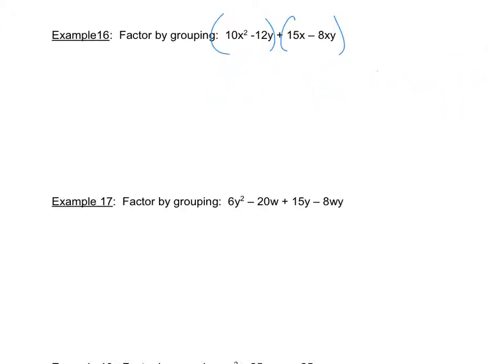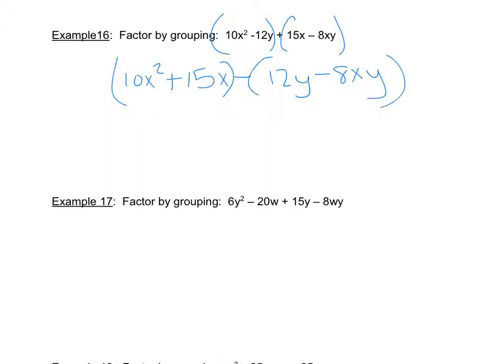So what I'm going to do is get the x's together. So 10x squared plus 15x. And then the y's together. Minus 12y minus 8xy. Okay? So group the first two and the second two. See how it's minus? Change it to plus the negative.